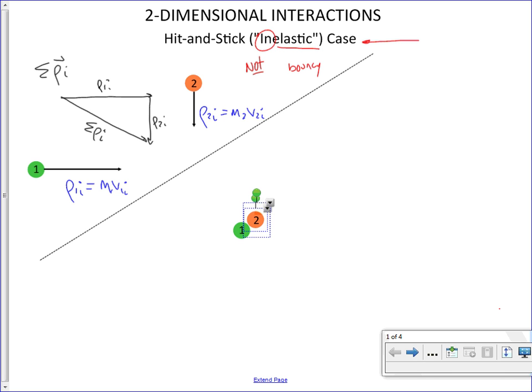Because during any and every two-body interaction, momentum is a conserved quantity. So the system, no matter when you look at it, has the same amount of total momentum. Well, and here is that amount of momentum. So that means that the system has still that same amount of momentum.